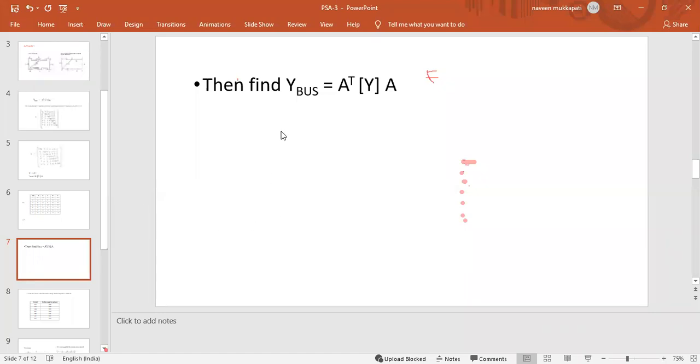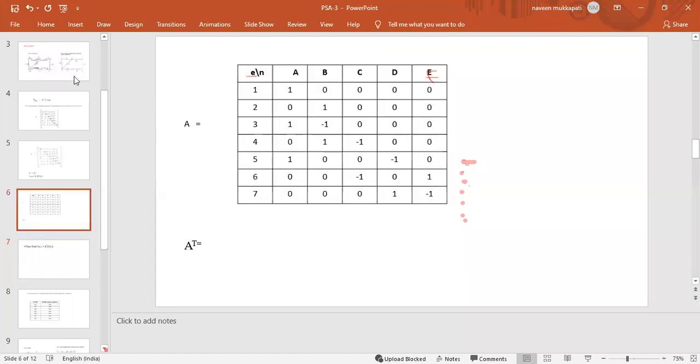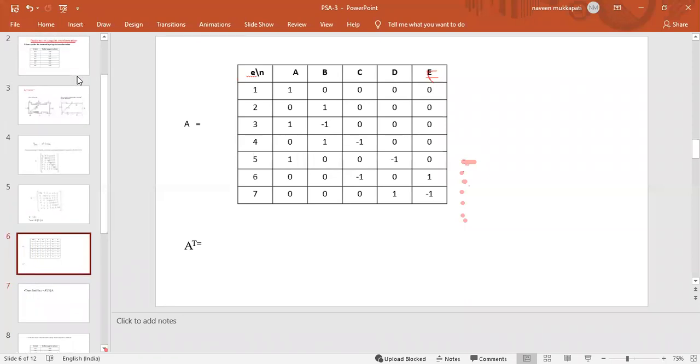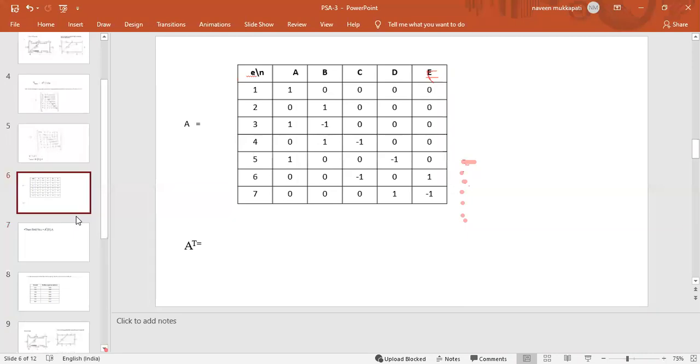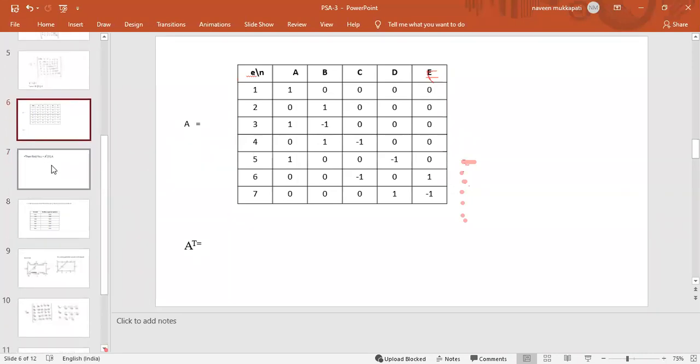This is one method for finding the Y bus matrix using the singular transformation method. There is another formula for finding the Y bus matrix by singular transformation, that is B transpose into Y into B, or C transpose into Y into C. By using any formula, we determine the Y bus matrix.